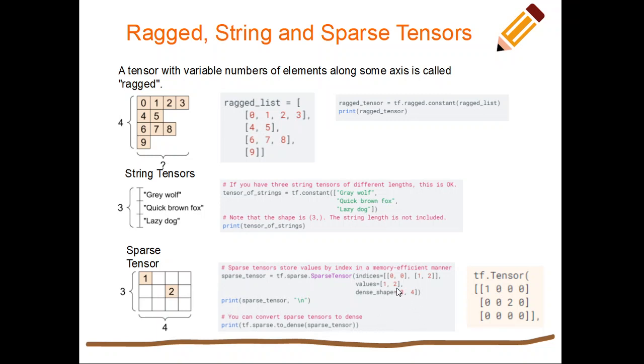Now if we give the dense shape as 3 by 4, what we get is this tensor, which is called a sparse tensor. Sparse means the remaining places, all these empty places, are going to be filled with zeros, and that is why it is called a sparse tensor.